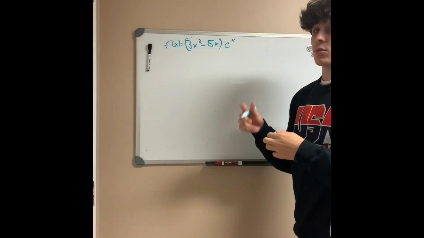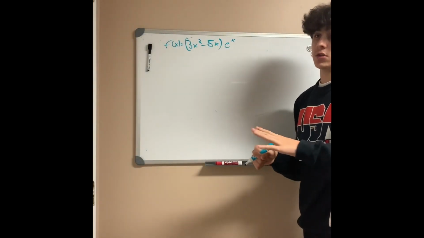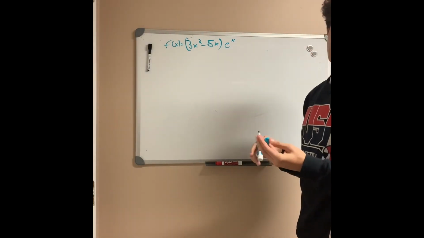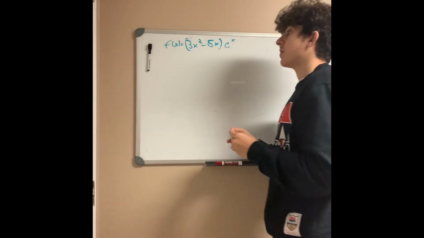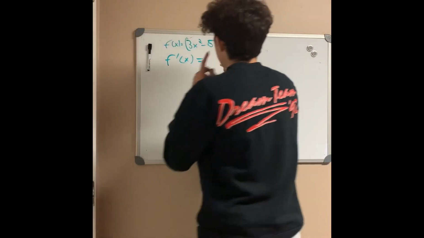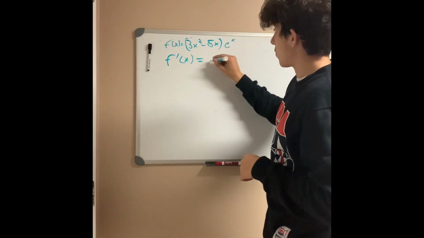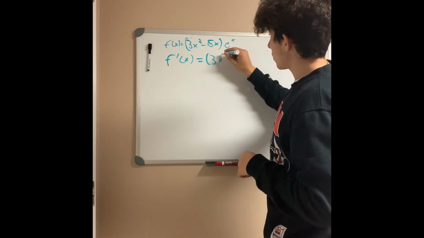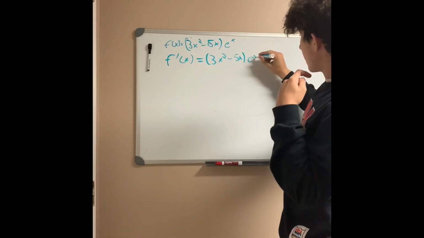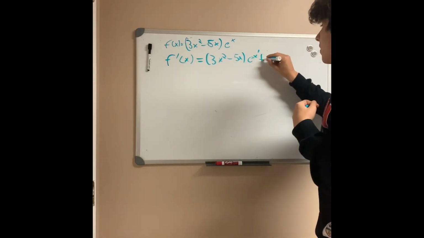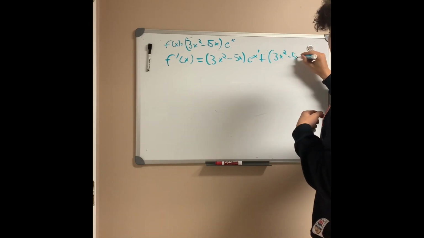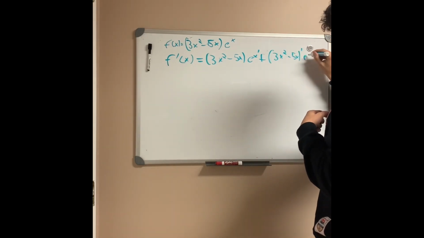So it ends up being really simple as long as you know the product rule. Here's a second product rule example, and the reason I chose this one second is because with the e to the x it gets a little harder to follow, but you're still going to see it, so I have to go over it. So f prime of x is equal to 3x squared minus 5x times the derivative of e to the x, plus the derivative of 3x squared minus 5x times e to the x.